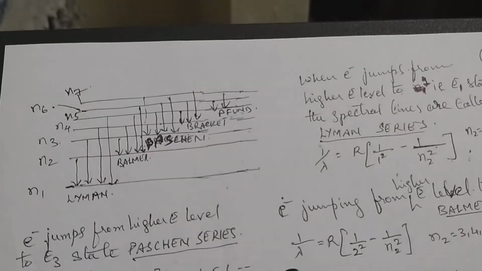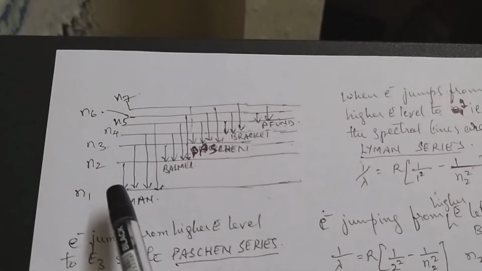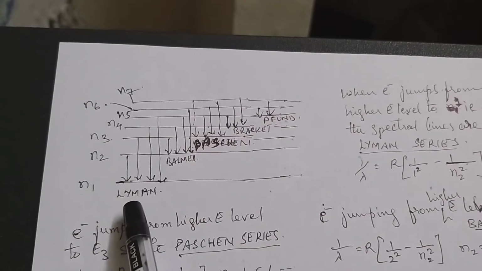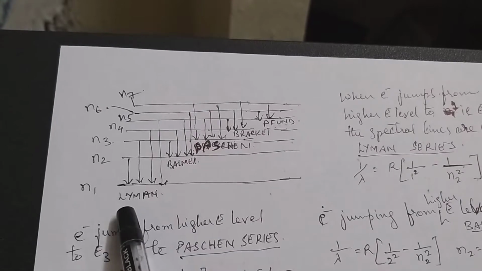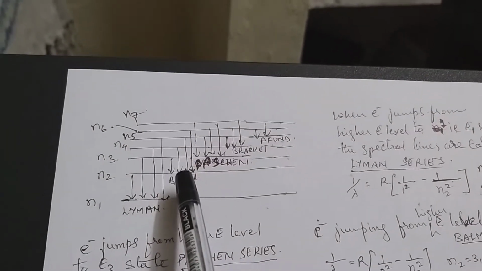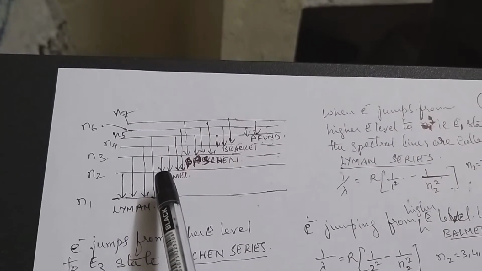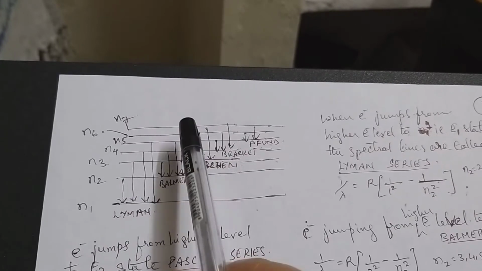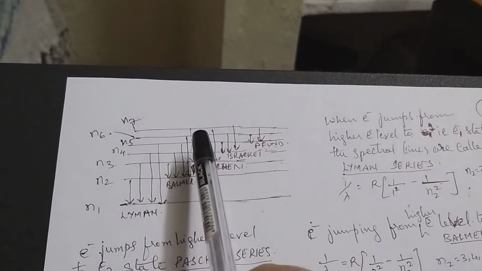The whole set of lines we receive when an electron jumps from the second energy level to the first energy level is named Lyman series. The next series is obtained when the electron jumps to the n2 level from upper levels, that is n3, n4, n5 like that.